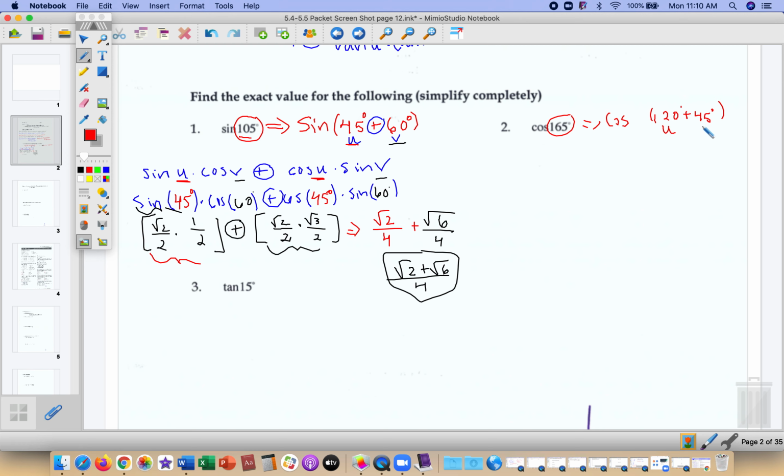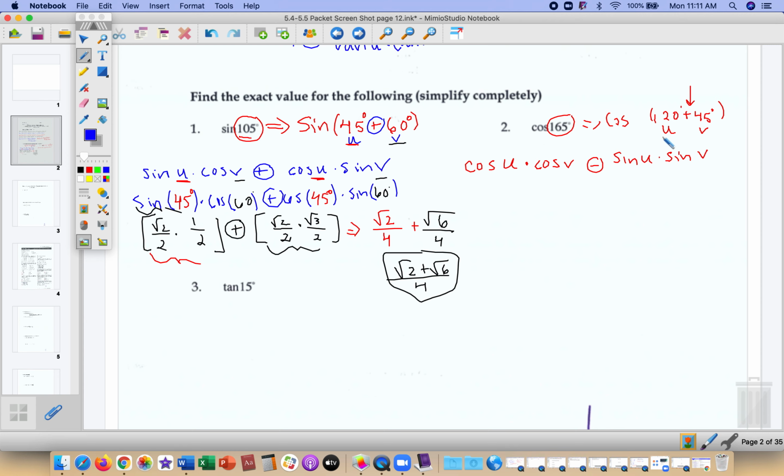So I'm going to call the first number u and the second number v. If I choose to do an addition, two numbers that add to 165, I'm going to do cos sum. So we're going to write the cosine of u times the cosine of v, and if it's a sum problem, minus the sine of u times the sine of v.